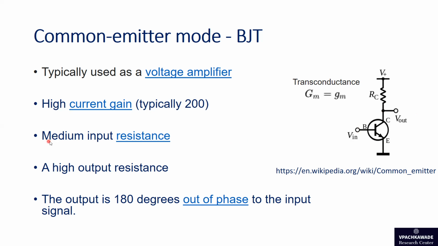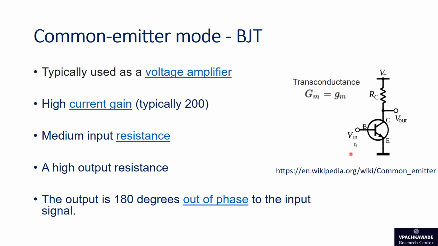Now, it offers a medium input resistance. So if you look from the input side of this BJT, it offers a medium input resistance. And if you look at the output side of this BJT, it offers a high output resistance. So these are some of the characteristics of the BJT operating in the common emitter mode.